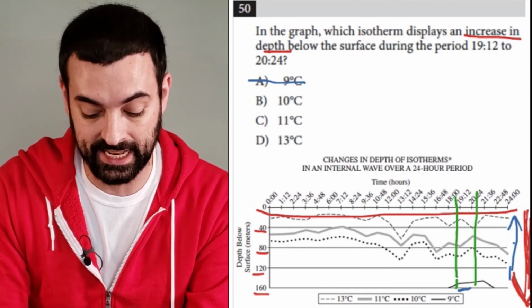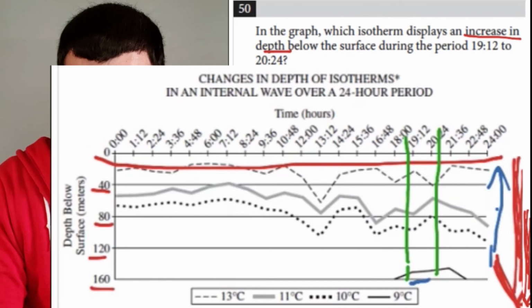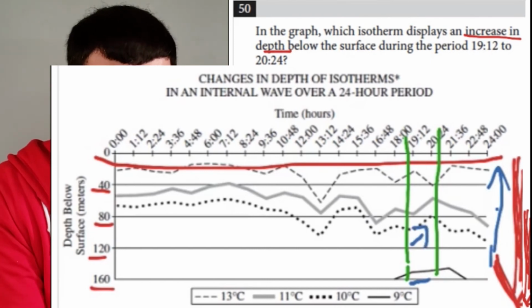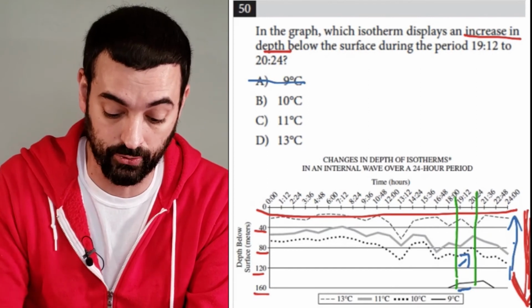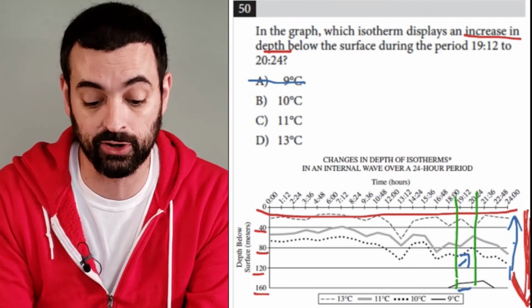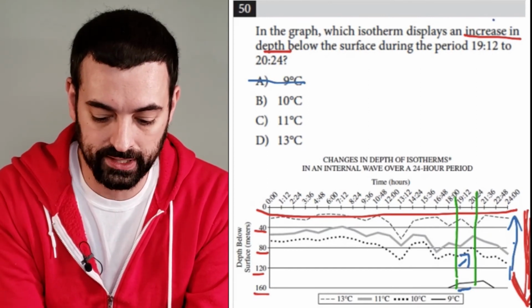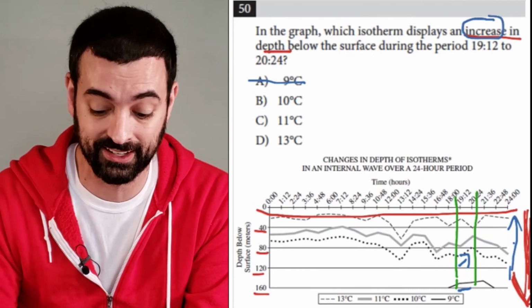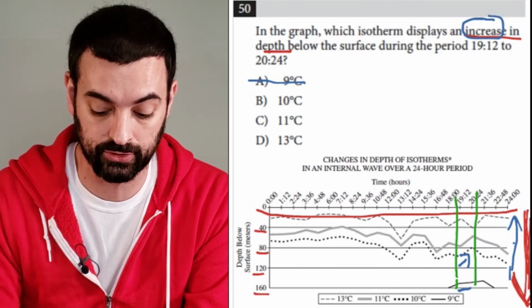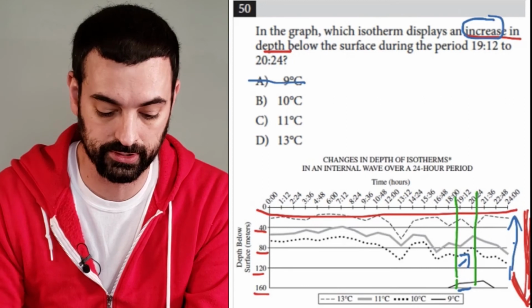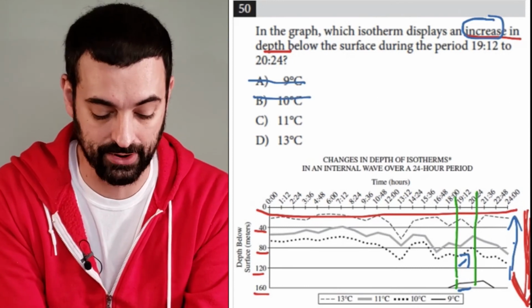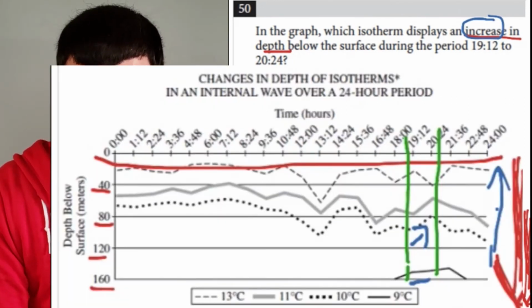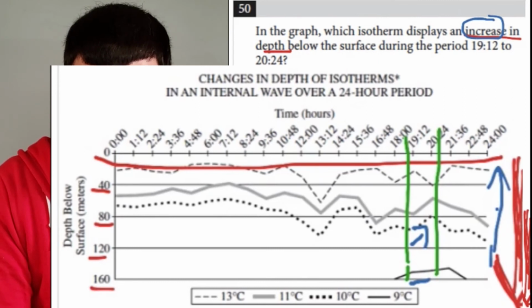B is 10 degrees. That's a dotted line, and that is also increasing, which I don't want. Even though it's increasing towards the surface, and the word increase is right here, an increase in depth means that the graph will travel downward. So B is out. C is 11 degrees centigrade. That's our gray line.